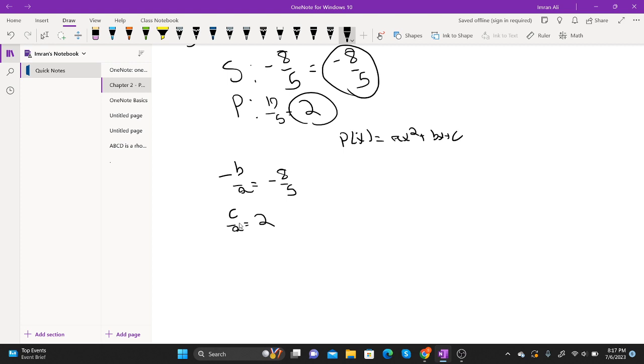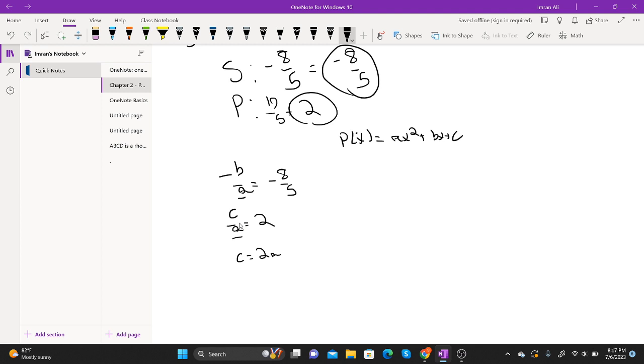Now, if you see a in both of these equations, it's wise to solve each one for the variable that's not a. So in this case, let's solve for c. C is then 2a, right? Because I multiply both sides by a, it's canceled right here, then we have c equals 2a.